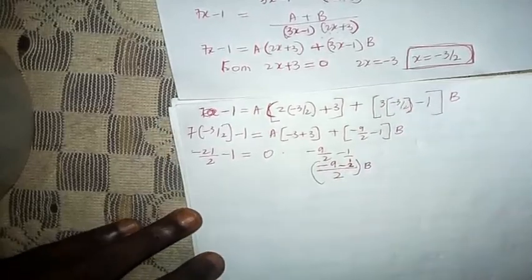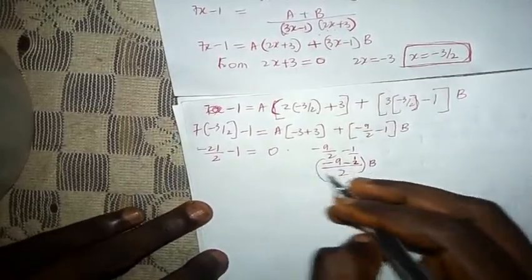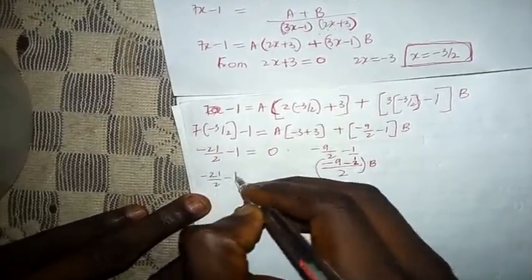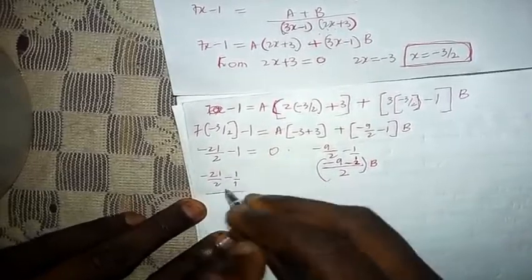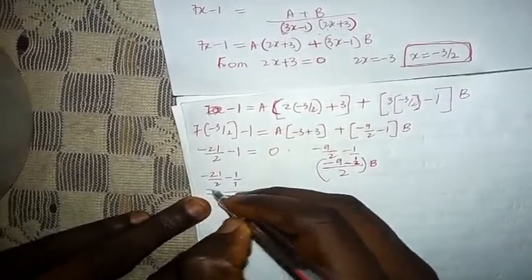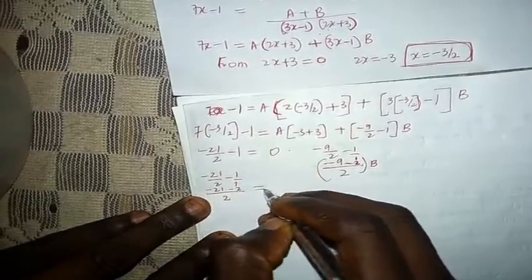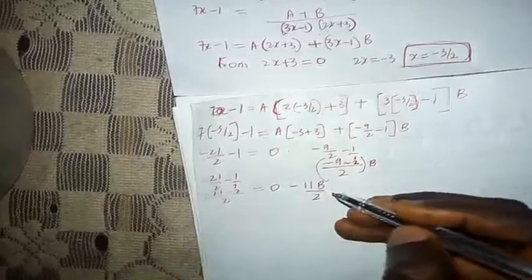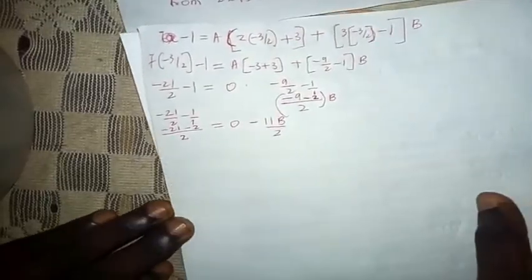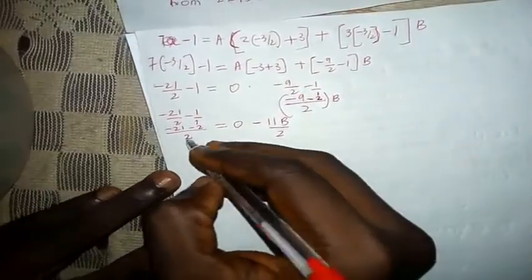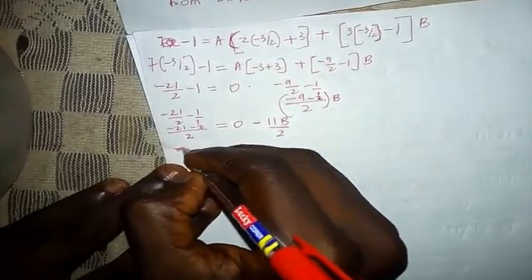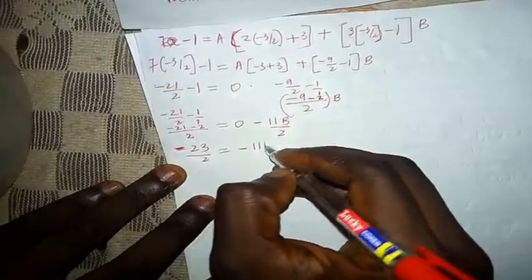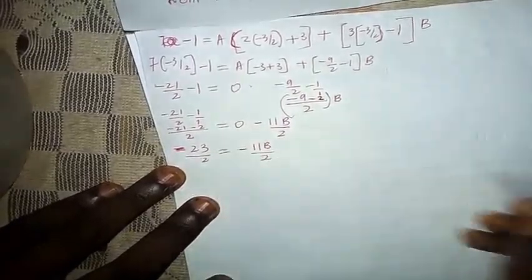And this one is minus 21 over 2 minus 1 over 1, that's minus 21 minus 2, minus 23 over 2, is equal to minus 11b over 2.